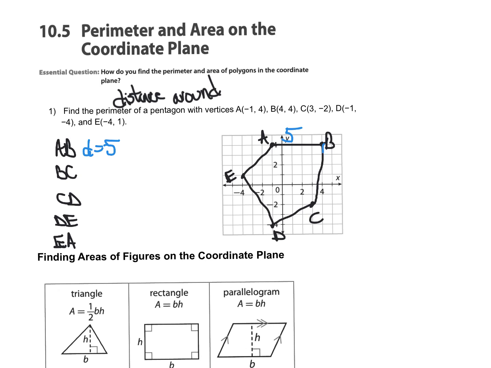For BC, I have to count down 1, 2, 3, 4, 5, 6 over 1. So BC is 6 squared plus 1 squared, which is the square root of 37. CD, down 2 over 1, 2, 3, 4.